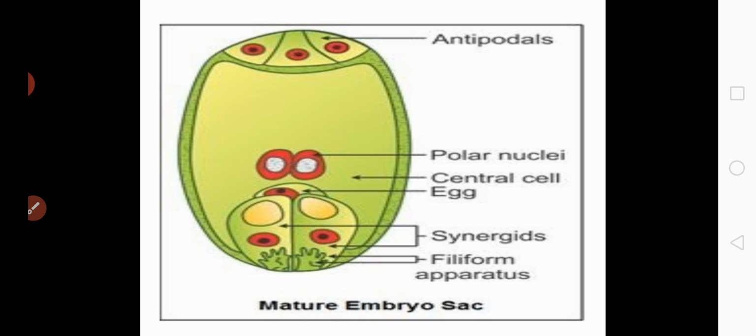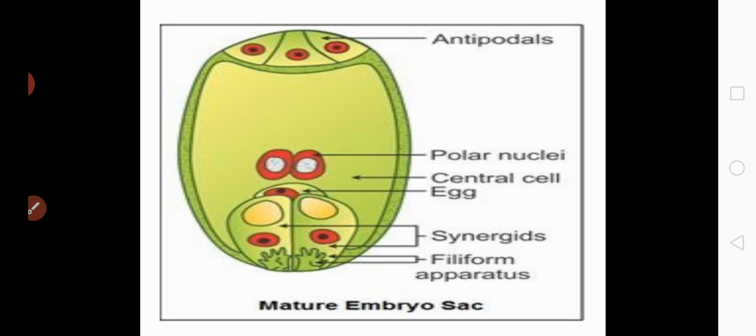Am I clear? Now what happens next? After the formation of 4 megaspores, only 1 megaspore becomes functional and the remaining 3 degenerate. Now the nucleus of the functional megaspore divides repeatedly to form 2, 4 and 8 nuclei. Later on, of these 8 nuclei, 3 nuclei move towards the antipodal end, the chalazal end, and form the antipodals.